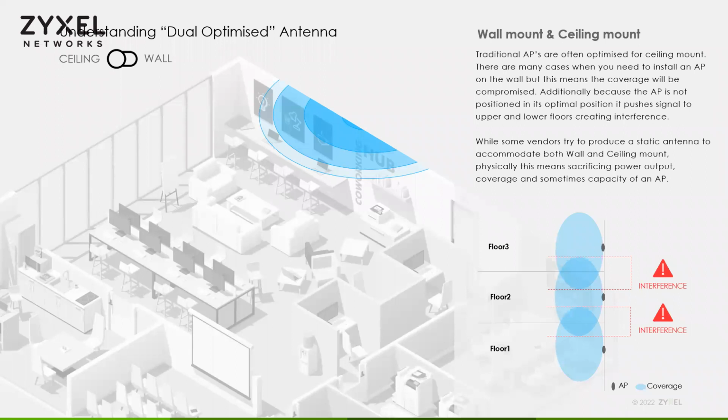So you end up having to mount them on the wall. But unfortunately, when you do that, the antenna coverage pattern is basically at 90 degrees from what it's designed to use. So you don't get good coverage. And if you're in a multi-story building, you may get interference issues between floors, as a lot of that signal is going to go up into the ceiling and down into the floor.